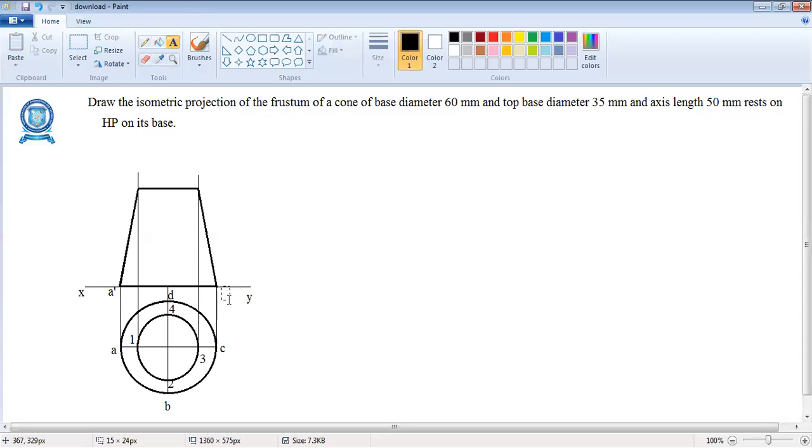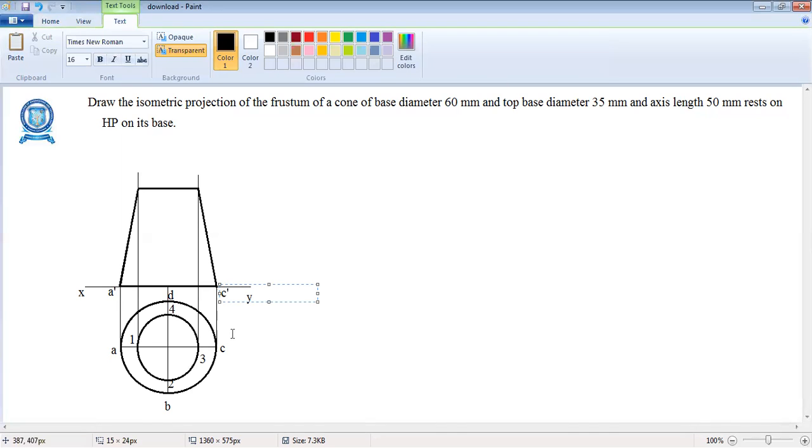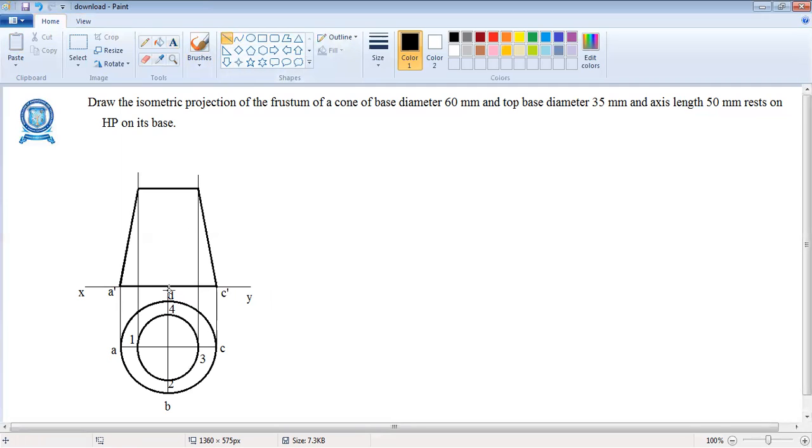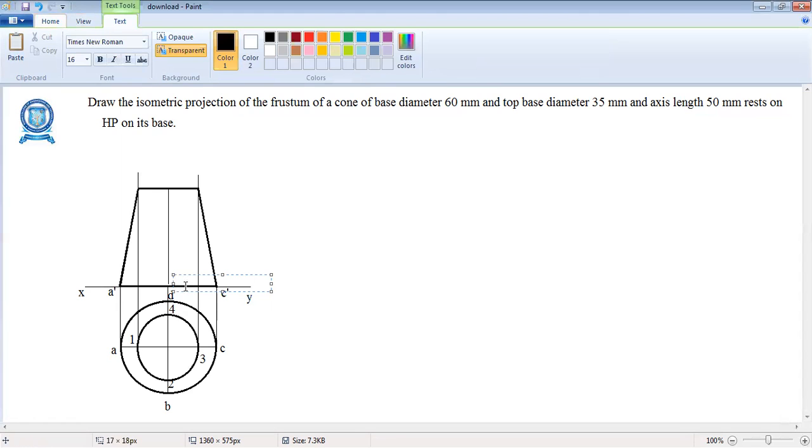This one is C dash. This is B dash, in bracket P dash.